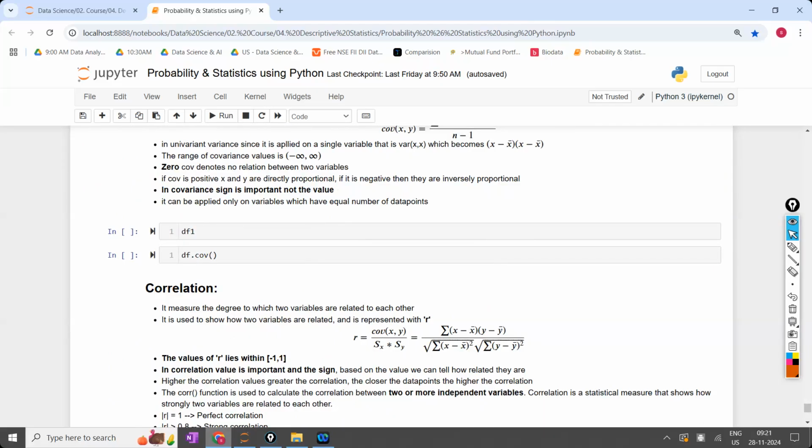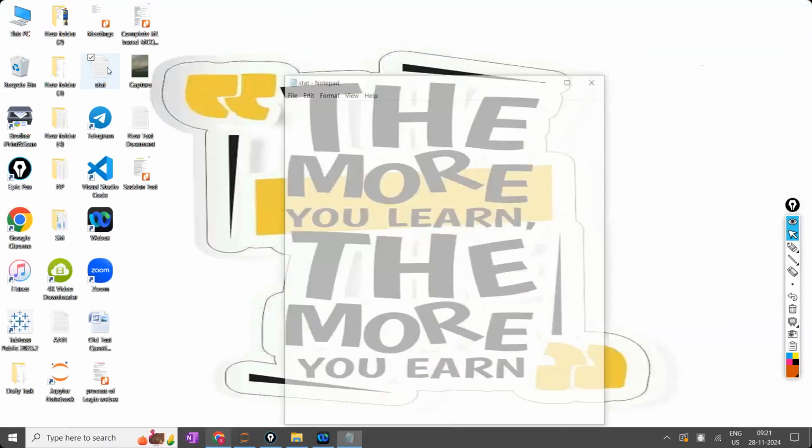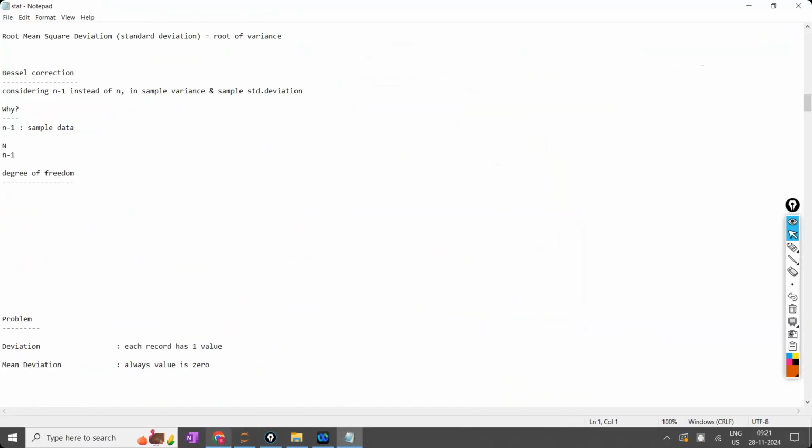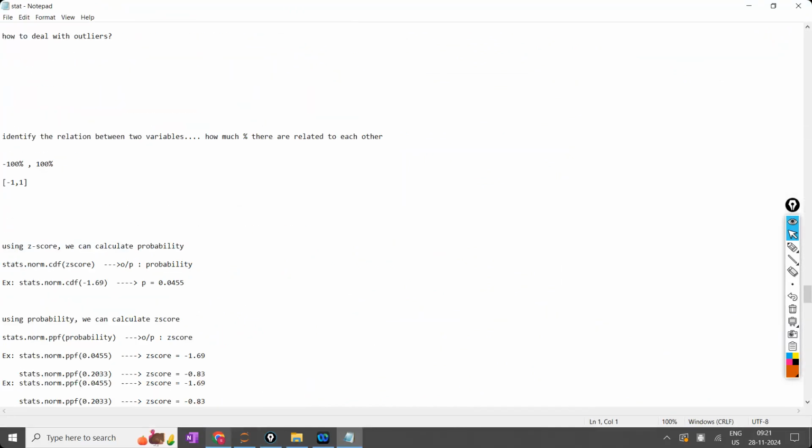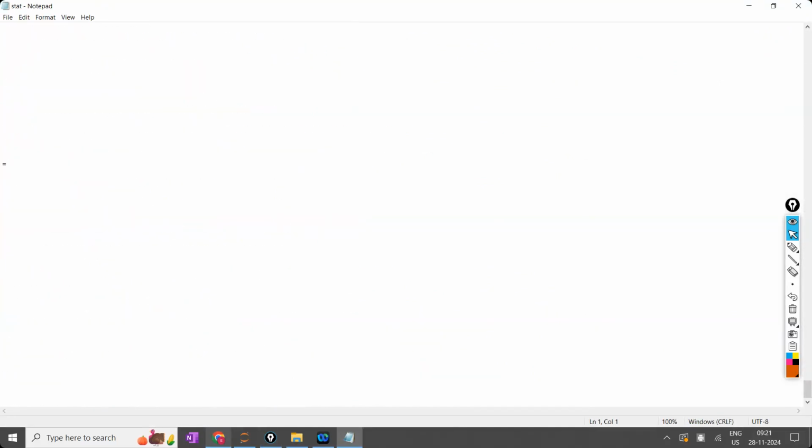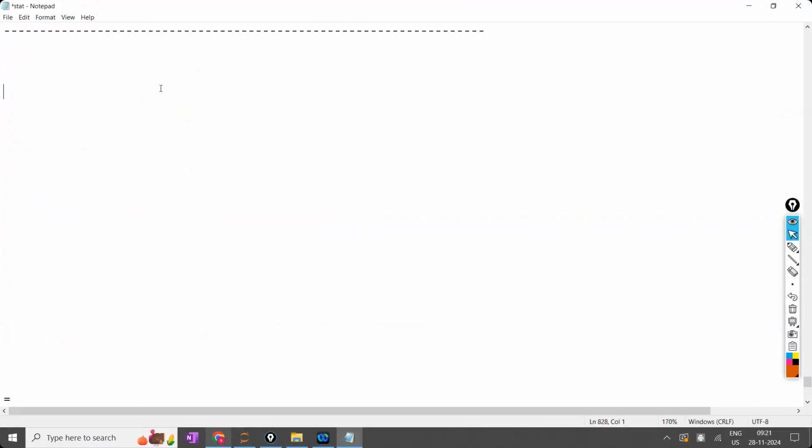Now we have different types of measures. The first one is called univariate measures, the second one is bivariate, and the next one is multivariate. What is meant by univariate measures?